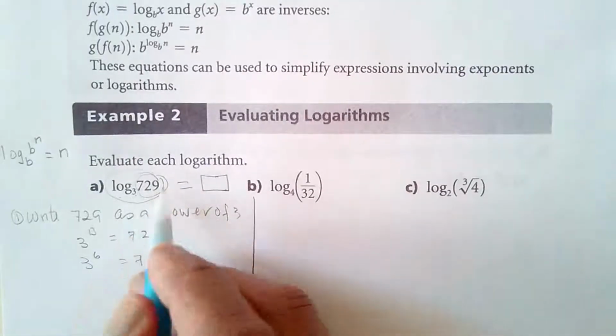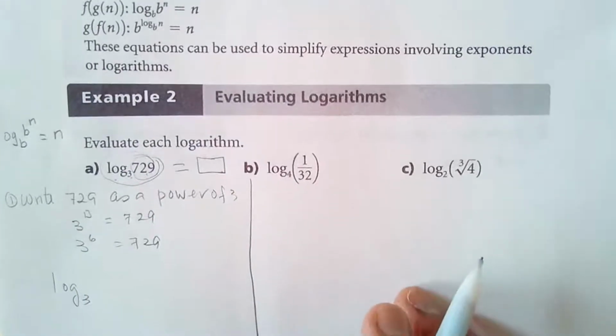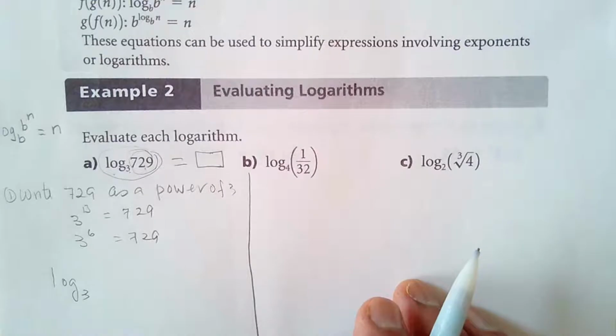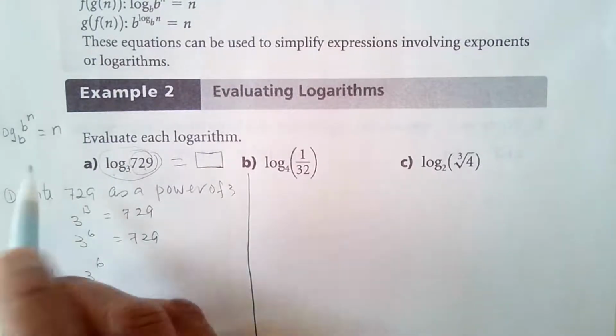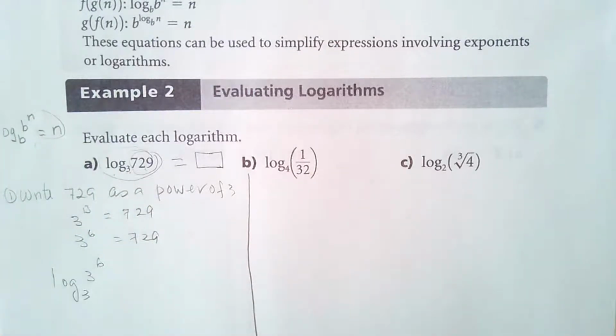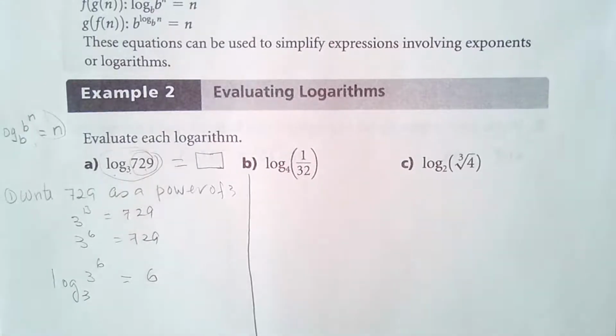So I'll replace this now. So log base 3 of 729, I'll replace that with 3 to the power 6. And using our formula, we realize it is equal to 6.